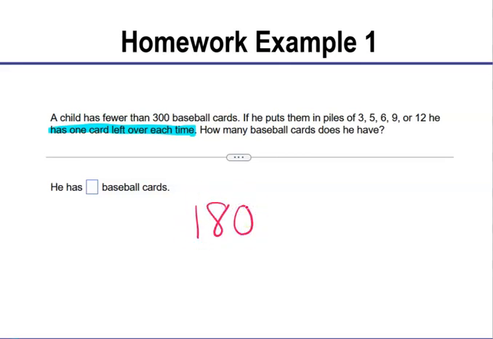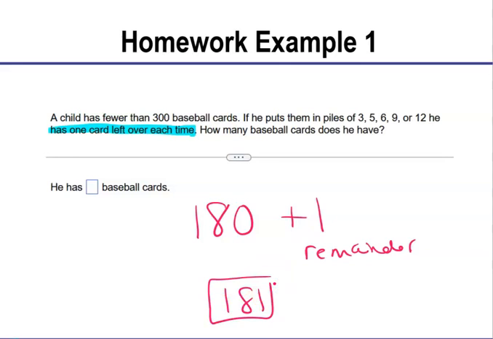If you pick anything smaller, then one of these numbers is not going to divide into it. So for 3, 5, 6, 9, 12, the least common multiple, kind of like finding a common denominator, is 180. But because of the remainder, we're going to add 1 to that, no matter how we stacked them up. So the answer is 181.